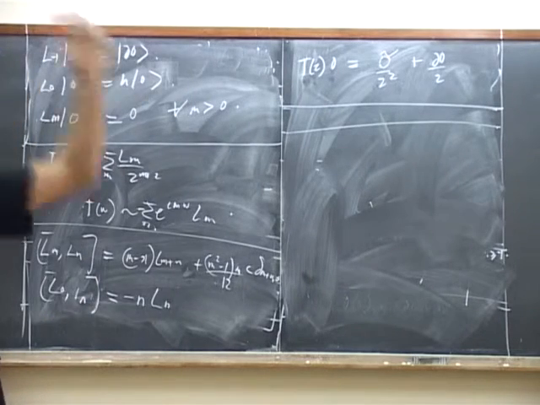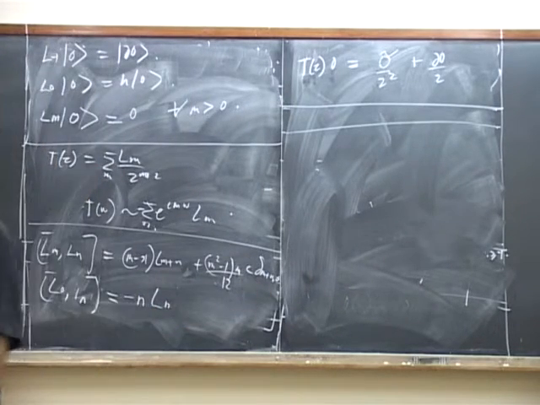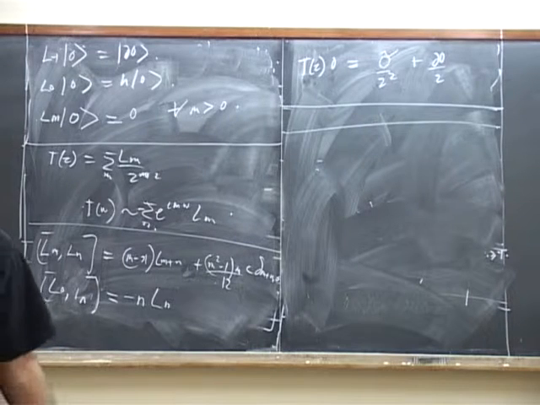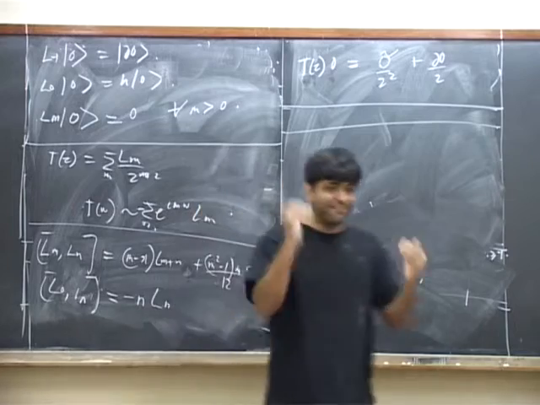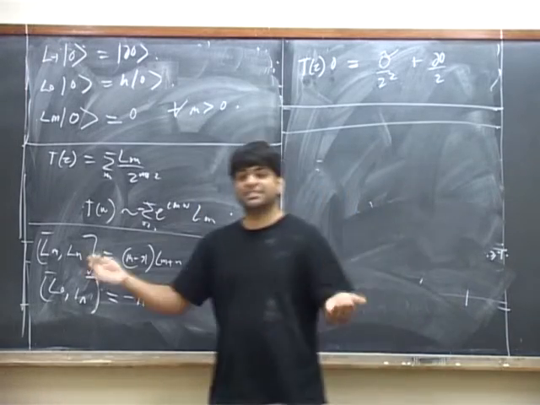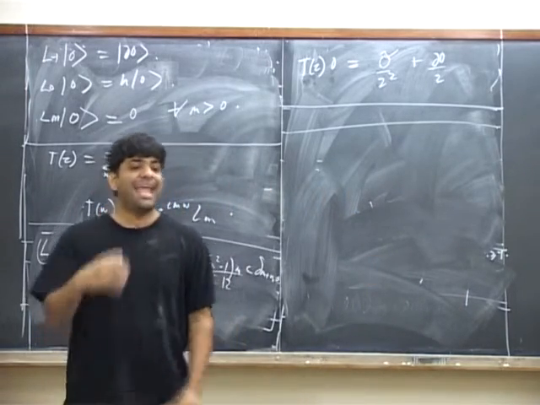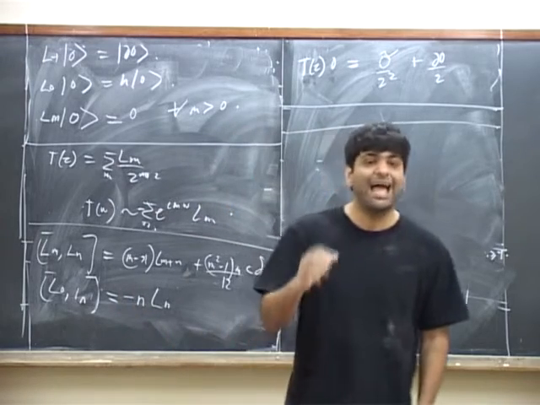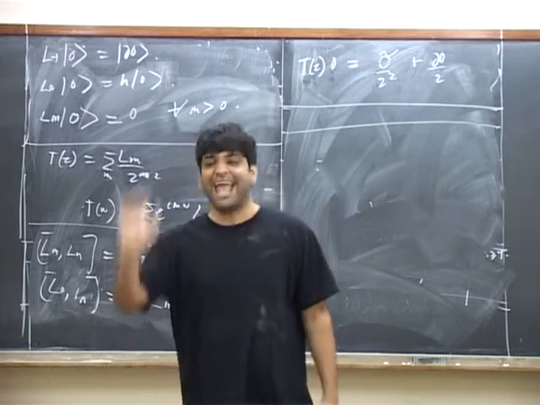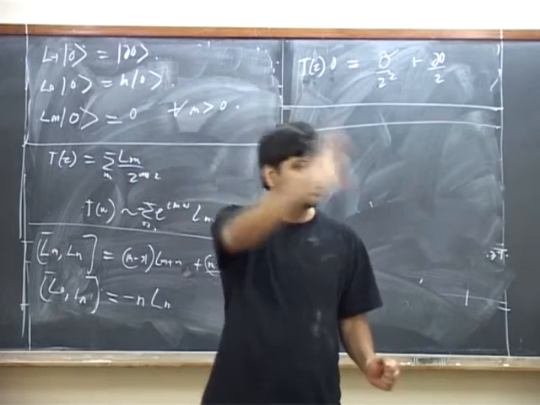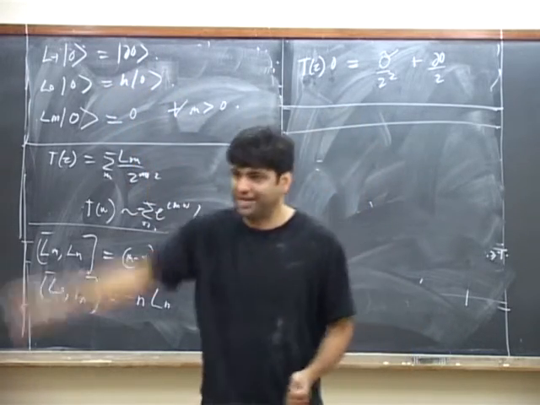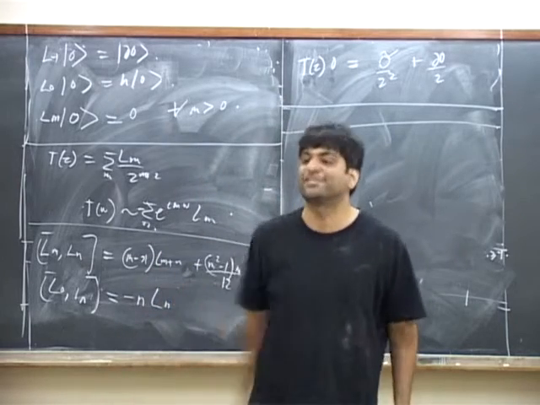Either you will run up to energy minus infinity, or you will hit one of these states. So what we concluded is that it is possible to take any state in the Hilbert space of the theory and act with a sufficient number of generators of the symmetry algebra and reach one of these distinguished states.